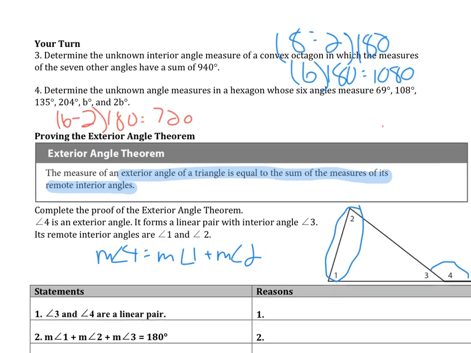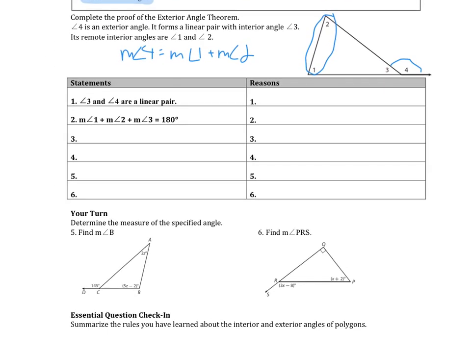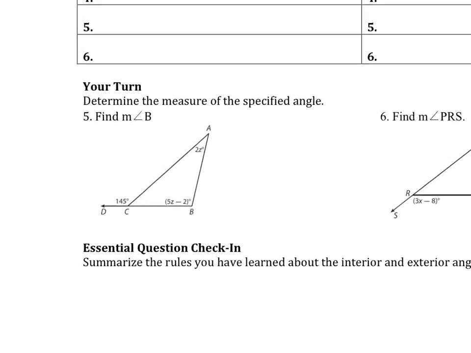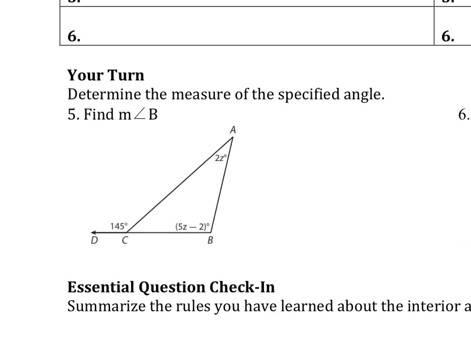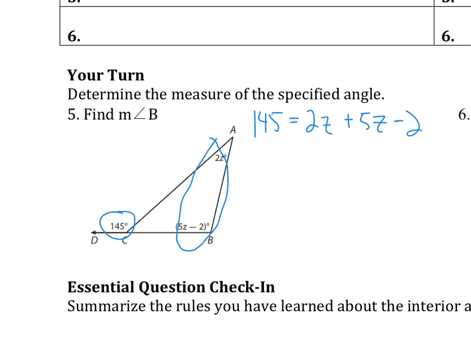So how that plays out, if we look at number 5 here, I know my exterior angle is equal to my two opposite interior angles added together. So 2z plus 5z minus 2.